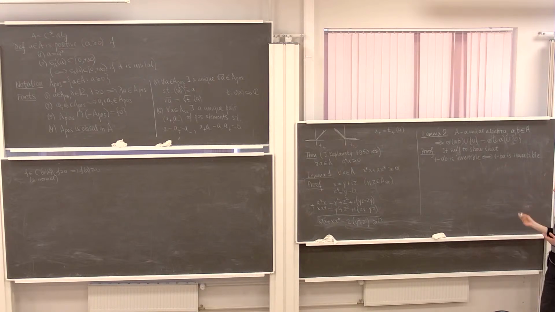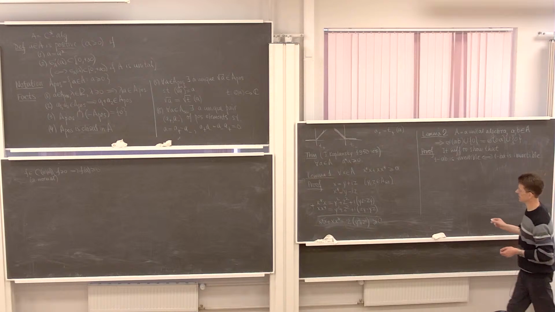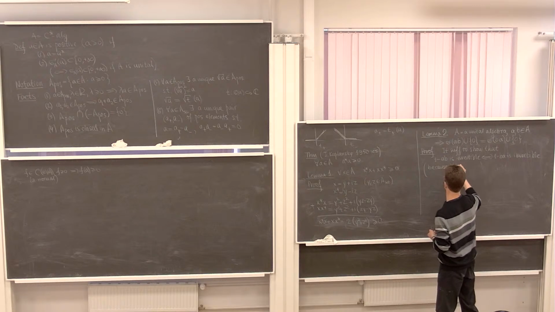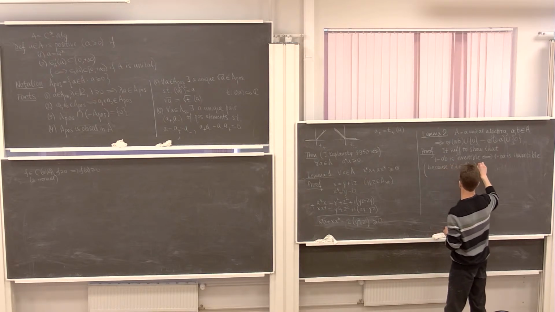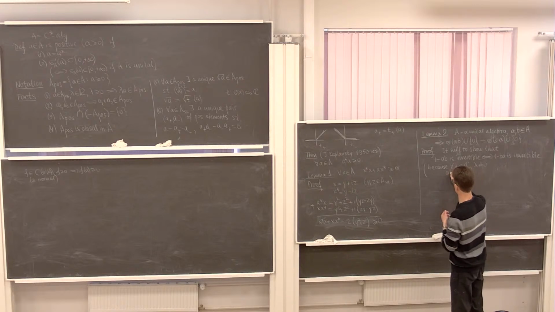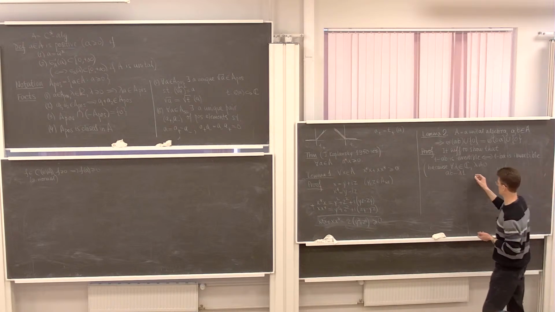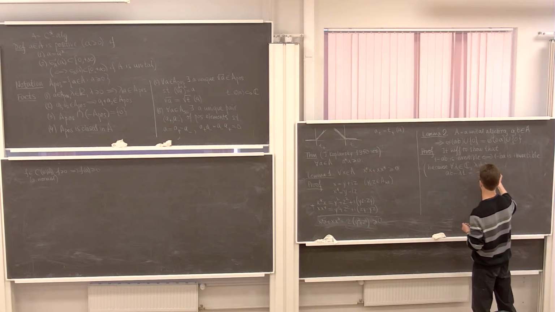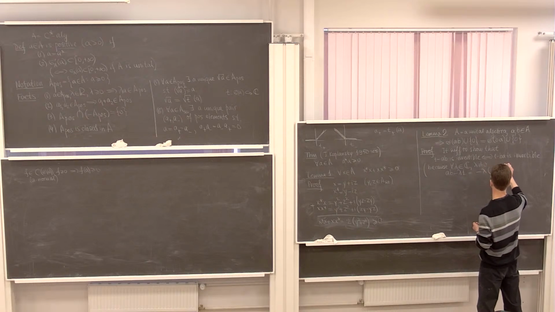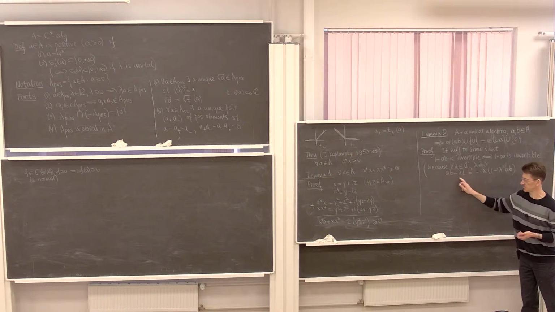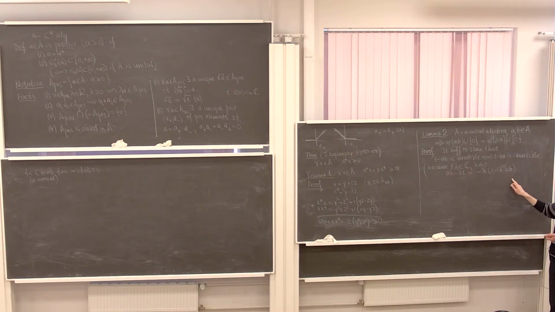If we prove this equivalence, then this will imply the lemma, because for every non-zero number lambda, the element ab minus lambda, which appears in the definition of the spectrum, can be written as minus lambda times (1 minus lambda inverse ab). And clearly this element is invertible if and only if this element in brackets is invertible. And so everything is reduced to this equivalence.